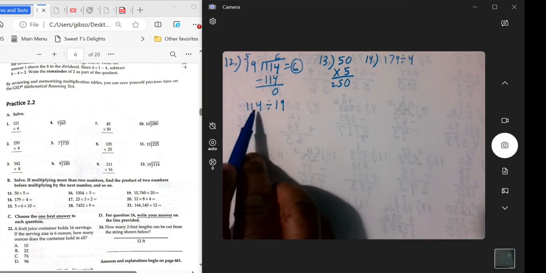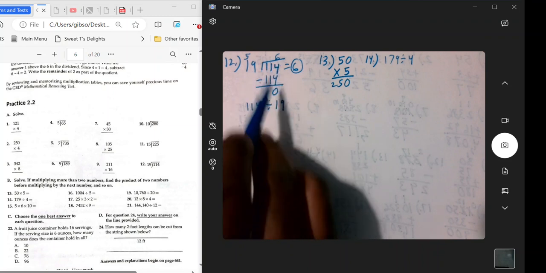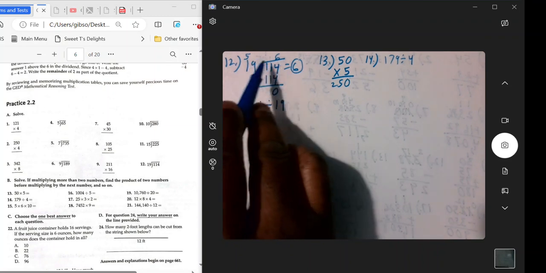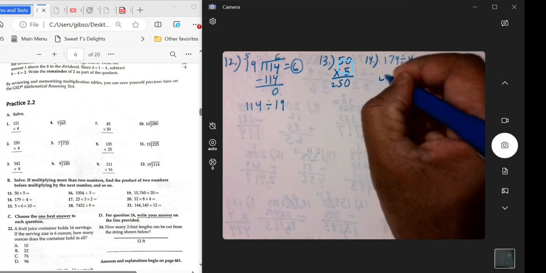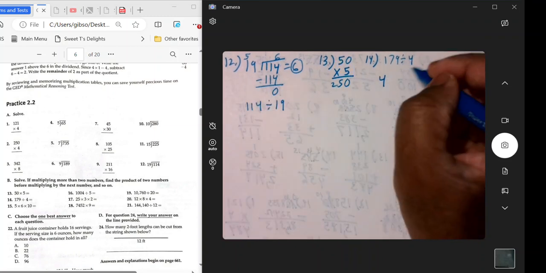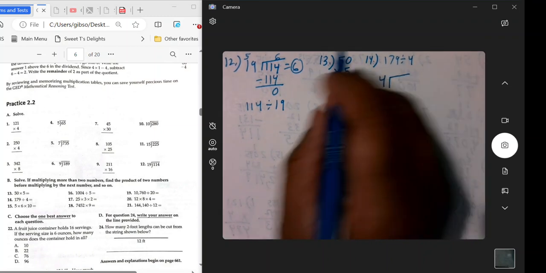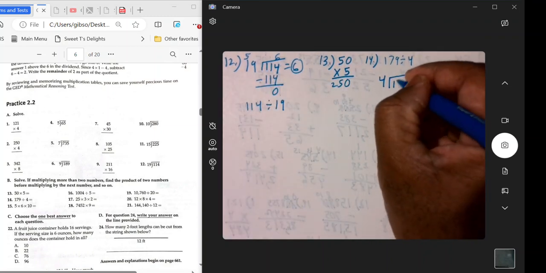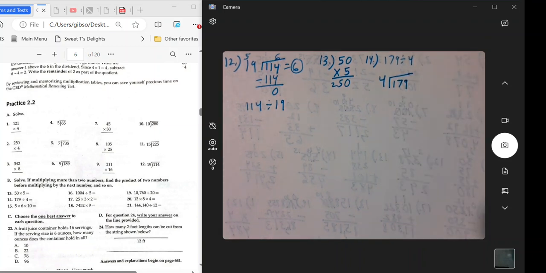So this right here, 114 divided by 19, is how this will be rewritten. So taking this, we would take our divisor, which is 4. We'll change this division symbol to this division bar, and then 179 is our dividend, and we will put it under the division bar. That is how we would do that.